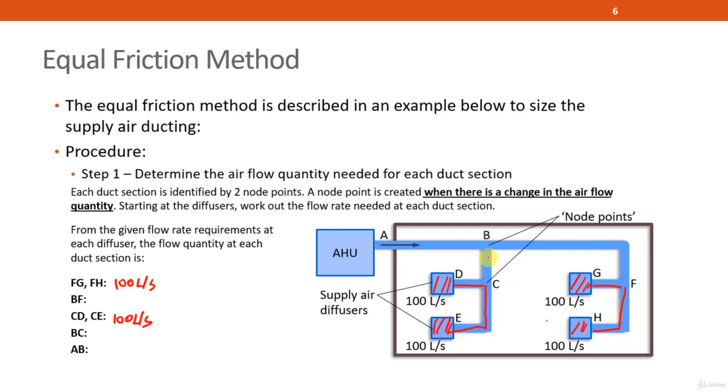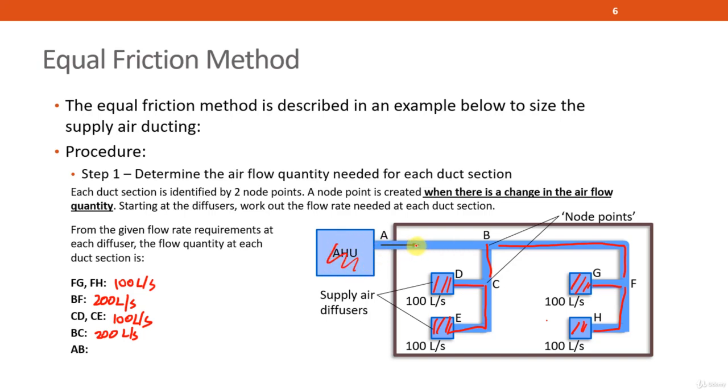How about BC and BF? How much air must pass through this section before it can split up into 100 each? So BC and BF will each carry 200 liters per second. And finally AB, which is the main duct when it just comes out from the AHU.